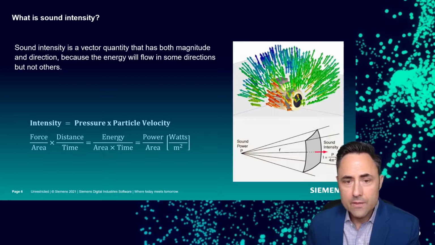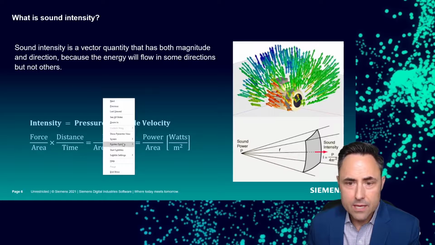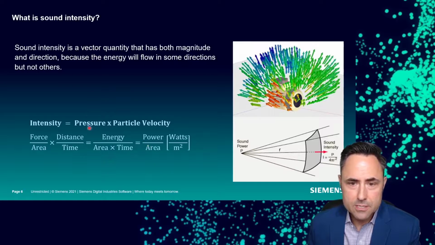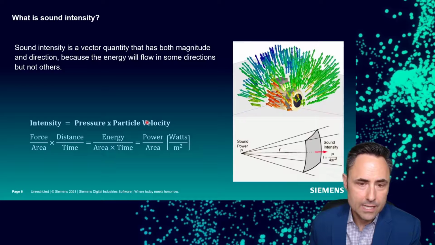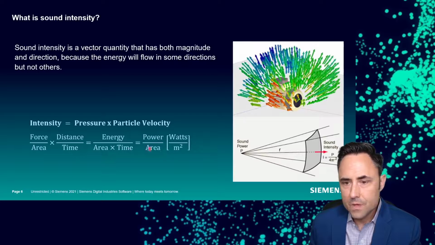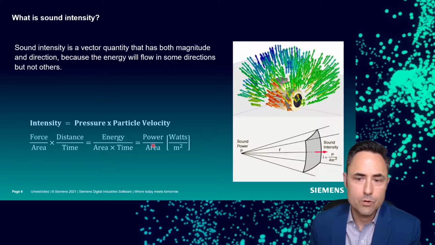And so the intensity is the sound pressure multiplied by the particle velocity, okay? So if you break these units down, you have pressure, which is force per unit area, times a velocity, which is distance per unit time, you get energy per area per time. That is the same as power per unit area, or watts per meter squared.